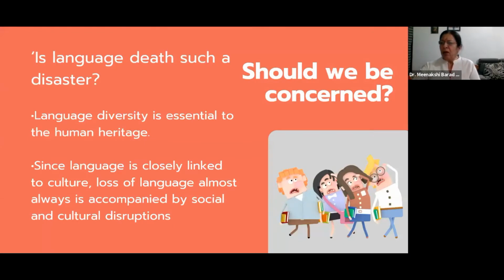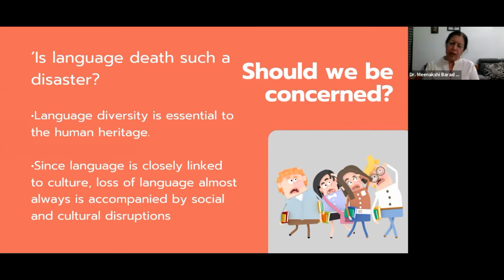Now, if a language dies, is it such a disaster? Should we be concerned? I'll tell you why I think we should be concerned. Because language diversity is essential to the human heritage. Each and every language embodies the unique cultural wisdom of a people.